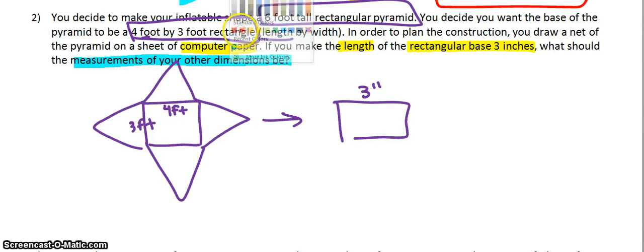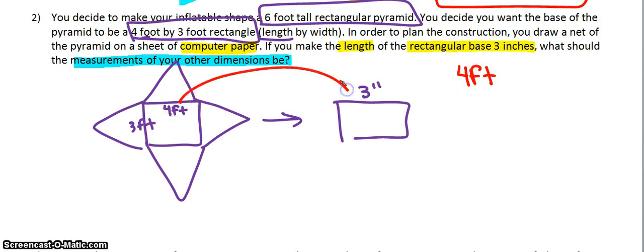And you can use a proportion to solve this. So for every 4 feet in real life, that corresponds to 3 inches on the paper, because I'm comparing the length to the length in inches. Okay, now if I want to determine how wide this shape should be, so I know in real life I want it to be 3 feet.